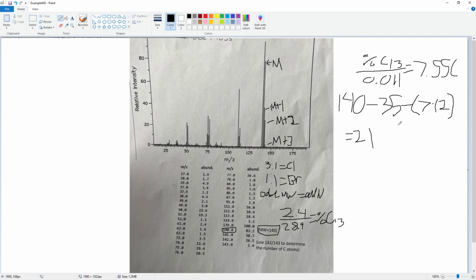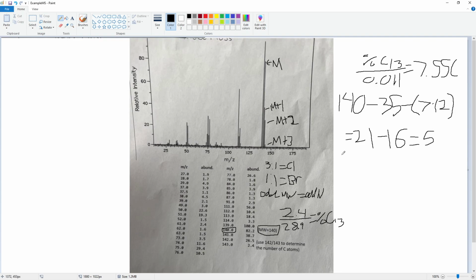So I know we don't have a nitrogen because 2 nitrogens is 28. So we could have 21 hydrogens, which wouldn't really make sense because that would be more than are possible for this amount of carbon. Or we could have an oxygen. So in that case, we're going to have minus 16, which gives us 5.